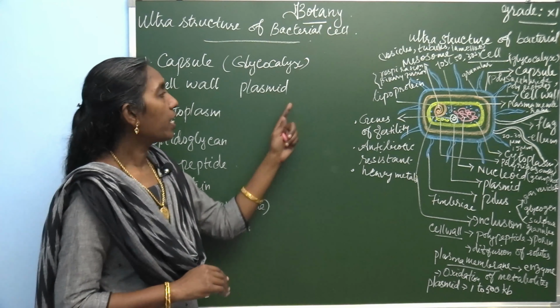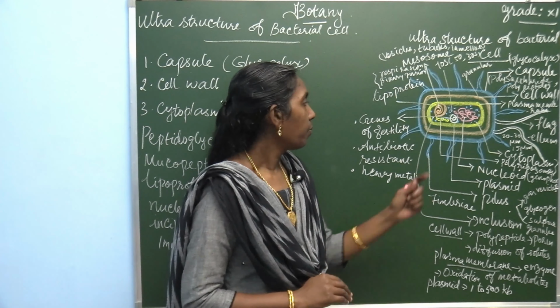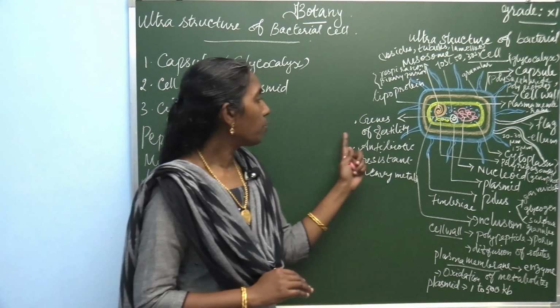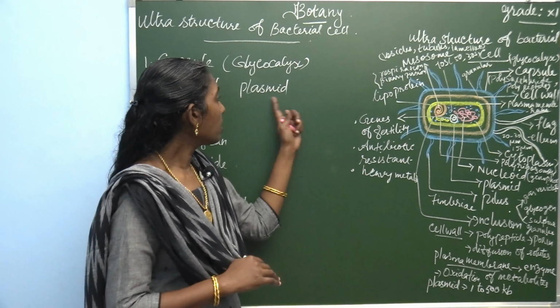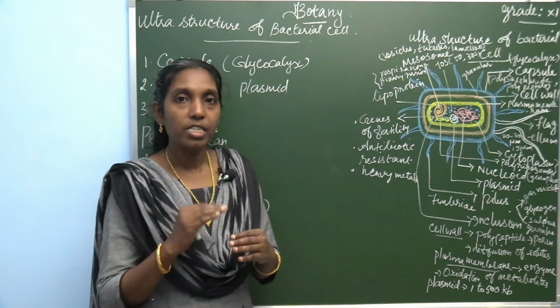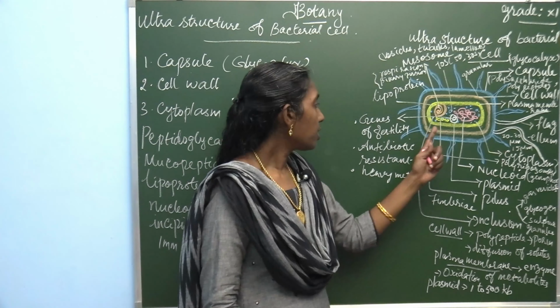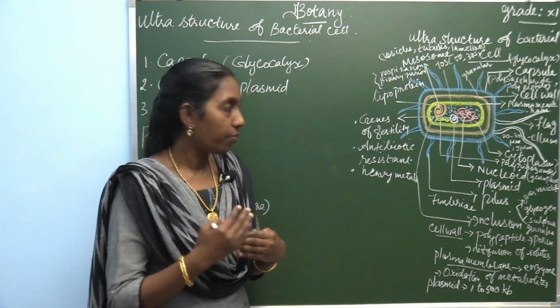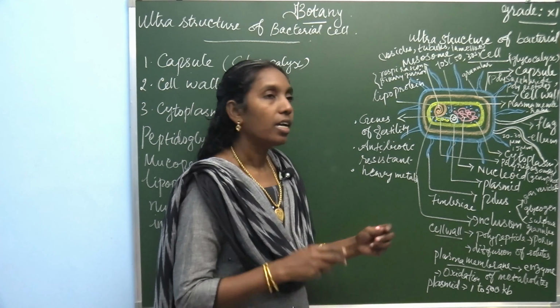This element plays a very important role in the bacterial cell. The plasmid consists of genes of fertility, antibiotic resistance and heavy metals.